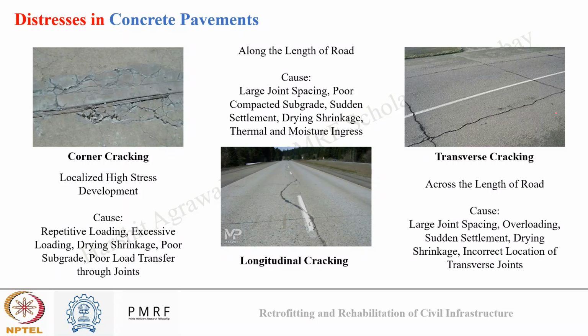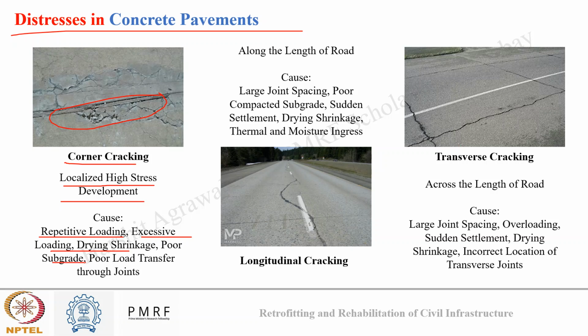Now if we see concrete pavement, there can be different types of distresses again. These distresses in concrete pavement are classified into eight different categories. So we see corner cracking, which develops due to localized high stress development, and is caused basically by repetitive loading, excessive loading, drying shrinkage, poor subgrade, and poor load transfer through the joints.